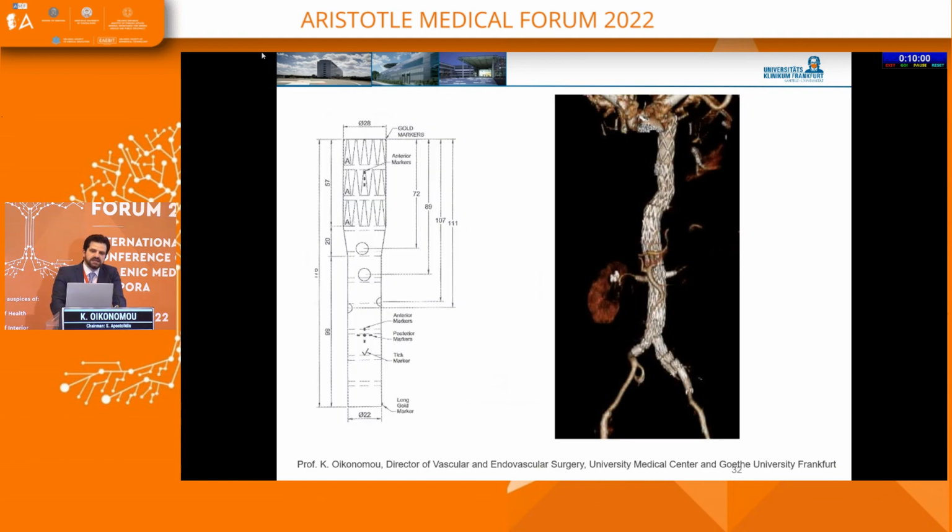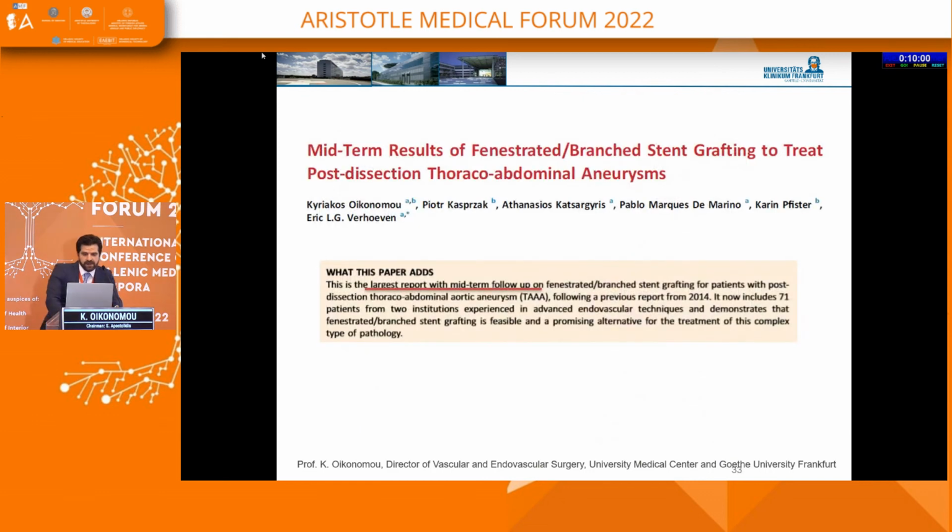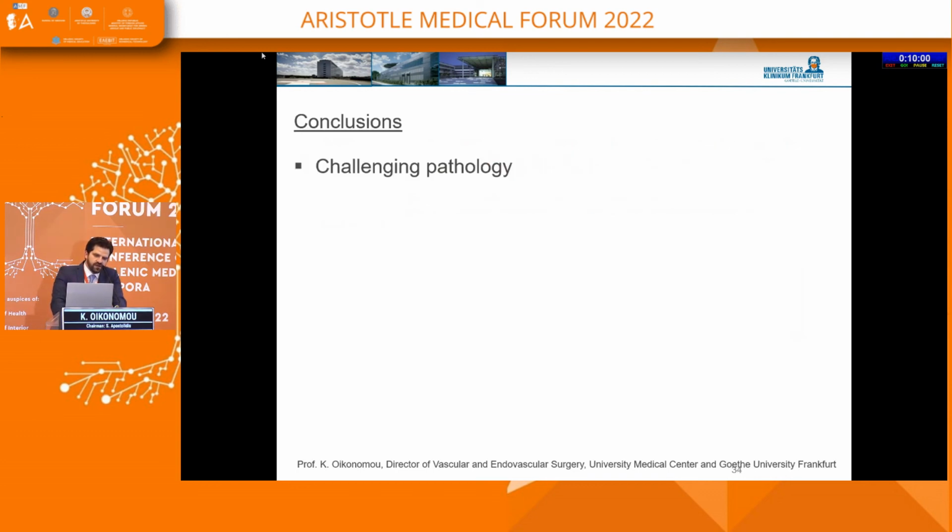This is the result when we implant these stents that are specifically made for each patient anatomy, patient-specific in the end. And we have published our results. It was the largest series worldwide with this kind of patients with chronic dissection aneurysms, where we saw that we have a good technical success rate and a high rate of thrombosis of the false lumen in the midterm.